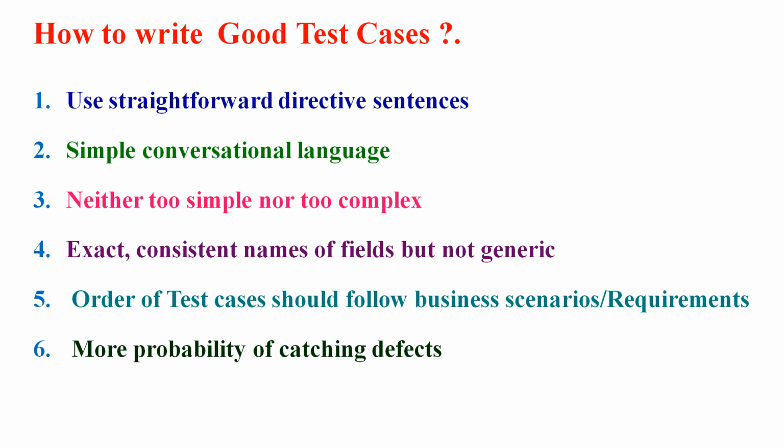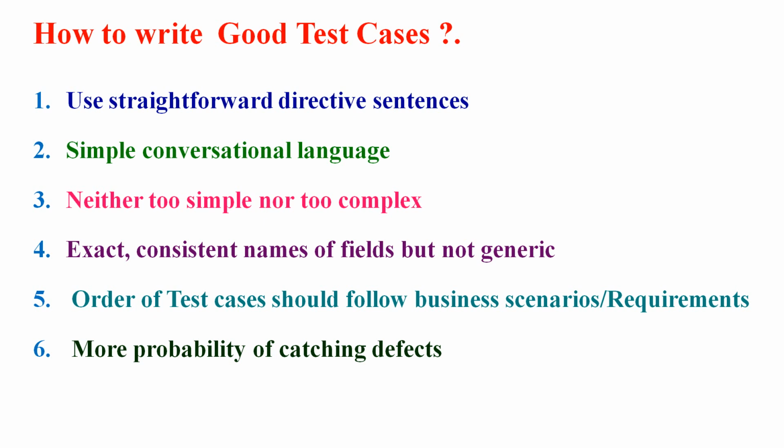And the last and more important point is, the test case should be designed by the software test engineers in such a way that it should catch the defects in the project. Catching the defects is nothing but identifying the defects, finding the defects. So when can the test case find the defects?